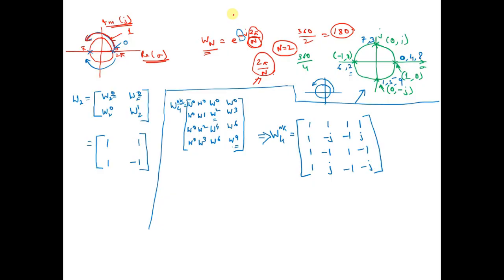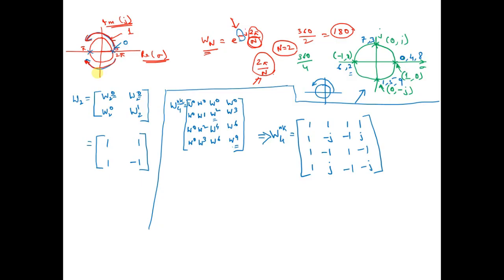Under normal circumstances, we will go anti-clockwise to get to the specific angle. However, since we have this negative sign, we have to follow the clockwise direction to obtain the twiddle factor values. Okay.